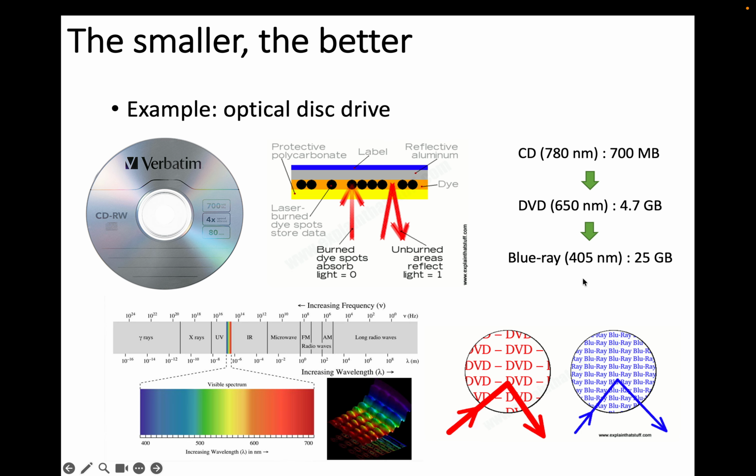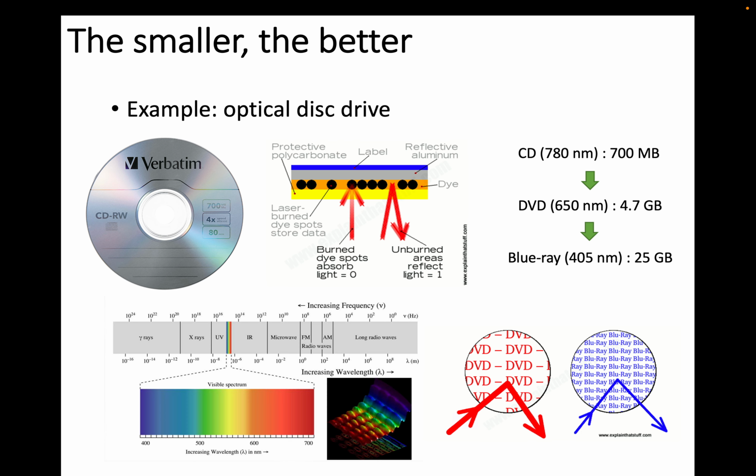By reducing the wavelength of the laser, they were able to go from 700 megabytes only to now 25 gigabytes. It is substantial. Why is that? If you use larger wavelengths, you can only define the resolution at a larger scale.